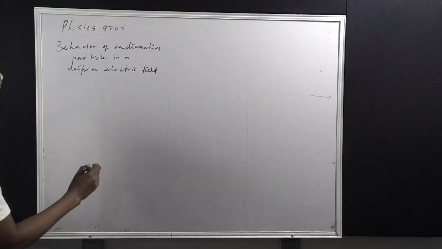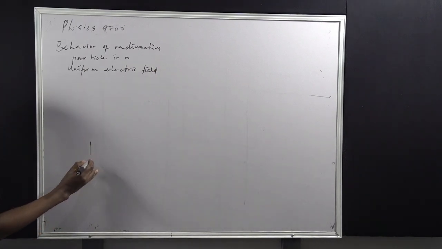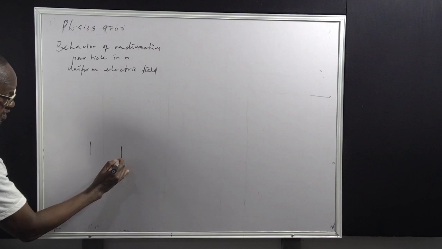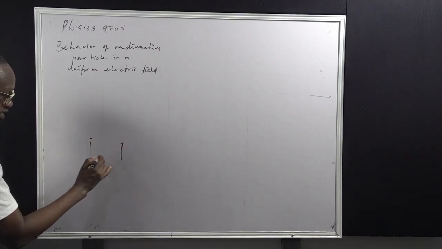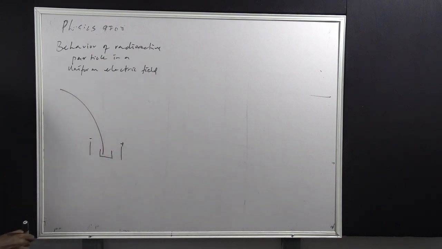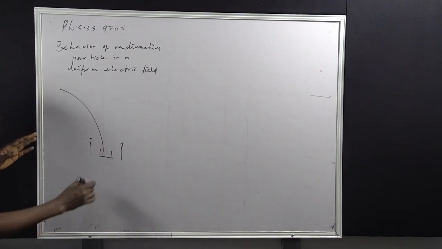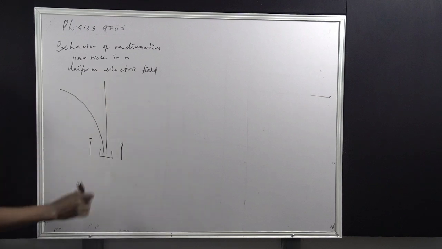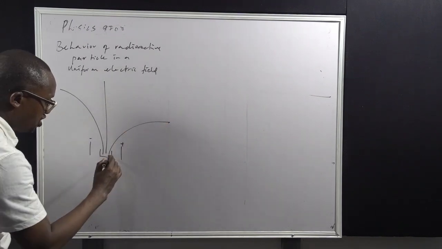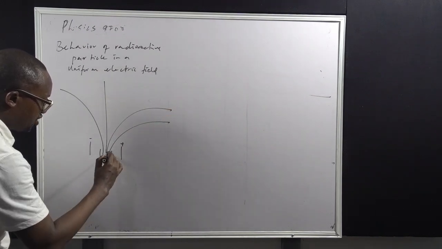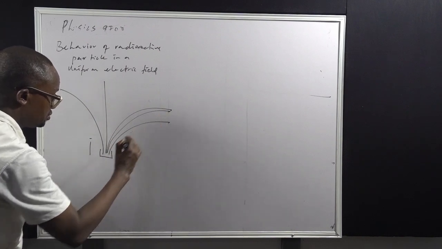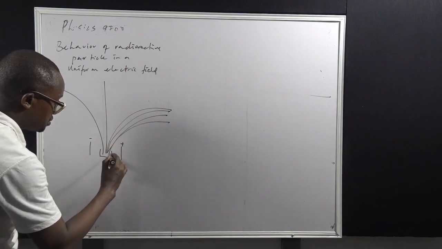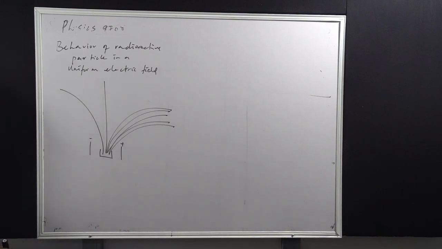If you have a uniform electric field which exists between oppositely charged plates, this negative plate, this positive plate, and you have radioactive particles there, one will be deviated slightly to the negative plate. One is undeviated, while the other shows a range of deviation towards the positive plate.